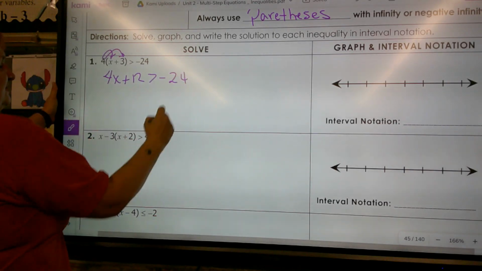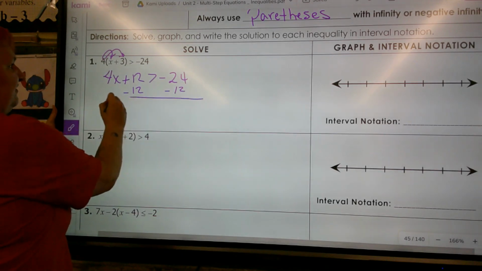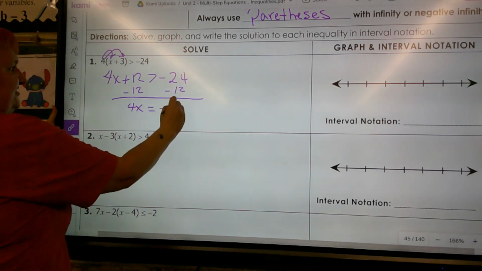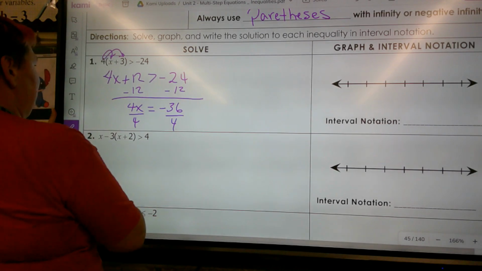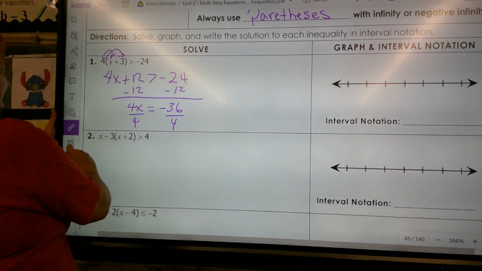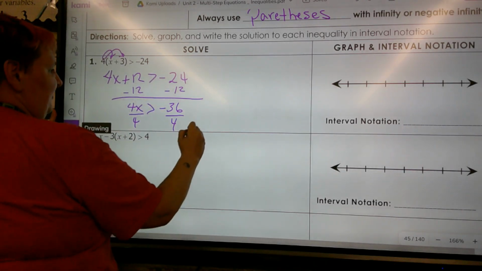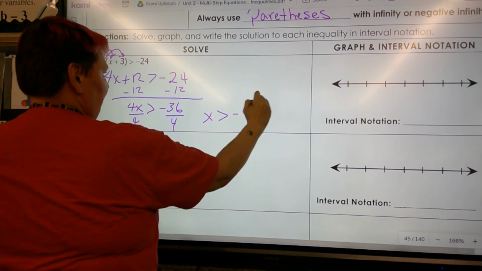And then you just solve like a two-step equation. Get rid of the constant. 4x equals negative 36. Divide by 4. Not equals, right? Nice catch. Greater than. So x has to be greater than negative 9.